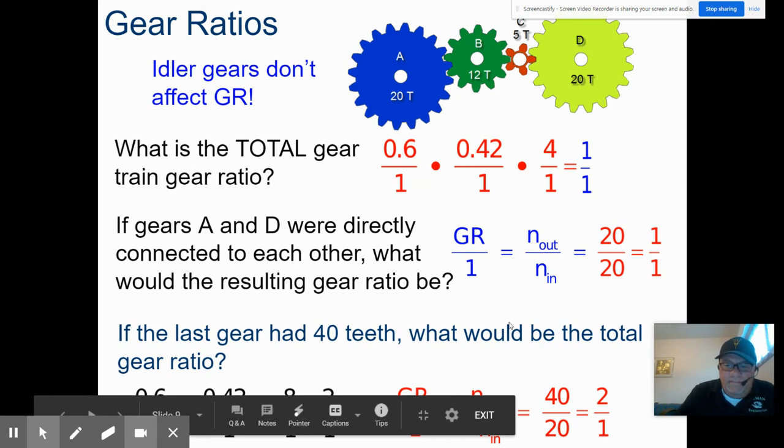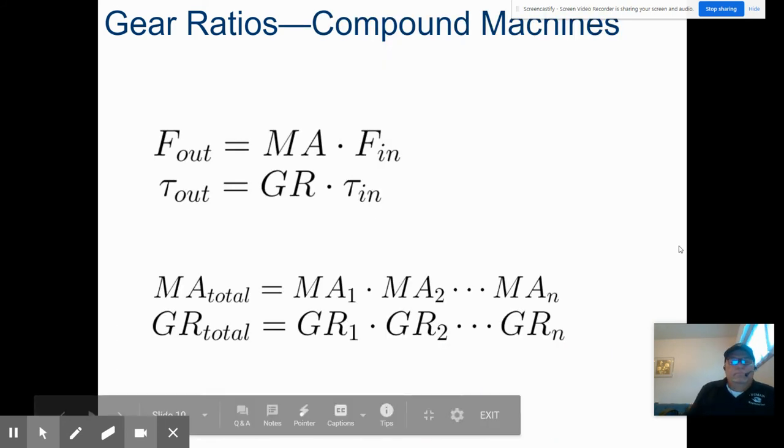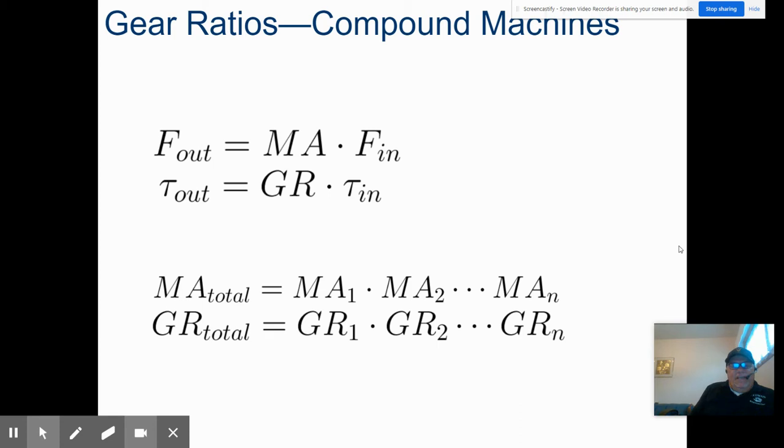So here it would come out to 2 to 1. Okay. So, gear ratios and compound machines. Force out equals MA times force in, and the torque out is gear ratio times the torque in.